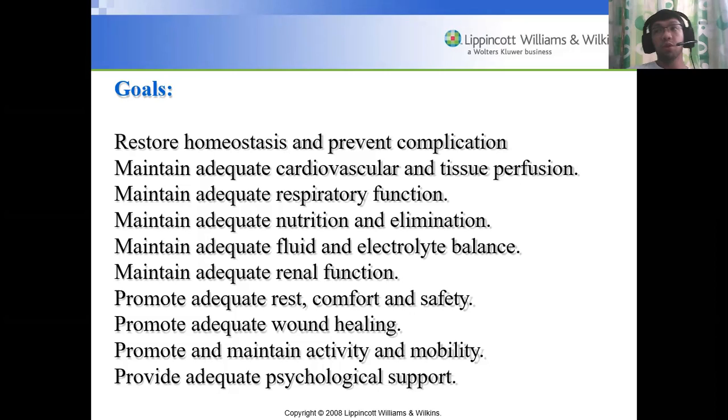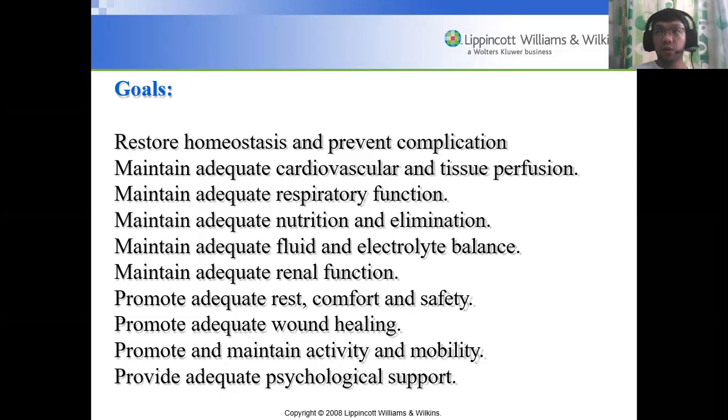Maintain adequate respiratory function as well, because remember, the anesthesia has an effect on the respirations of the patient. Maintain adequate nutrition and elimination. Most especially, we need to improve the client's nutrition for proper wound healing of the incision site.